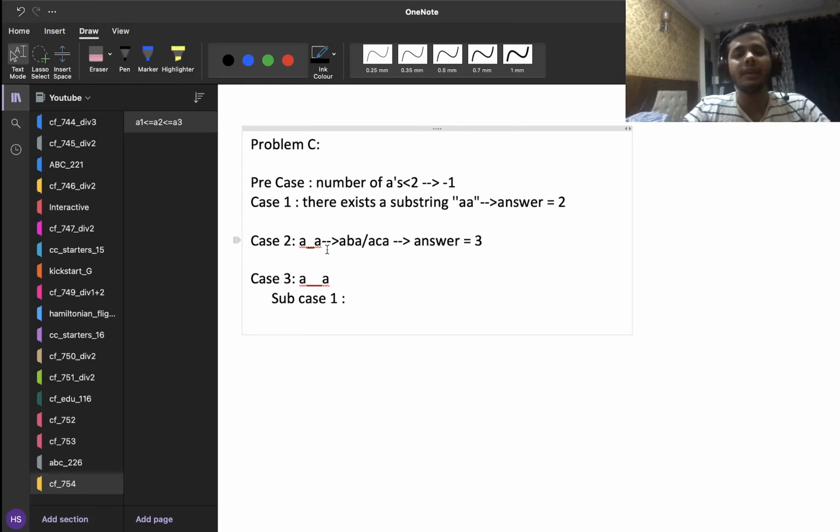So the subcase 1 would be that the 2 elements which are present in between the 2 A's are the same, and subcase 2 is that when both of these elements are different.